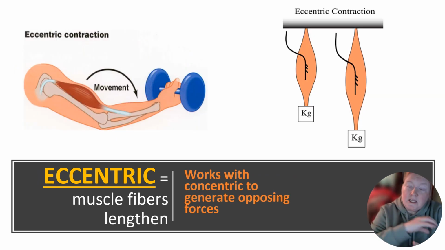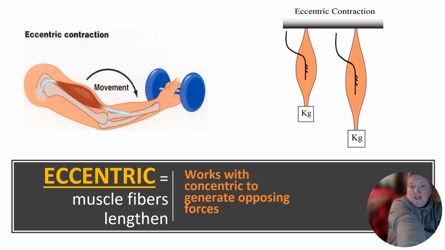So eccentric is when the muscle fibers elongate, right? So again, if we model this, focusing on the bicep, concentric, eccentric. If we focus on the tricep right now, it is concentric, eccentric. So my bicep is in concentric, my tricep is in eccentric.